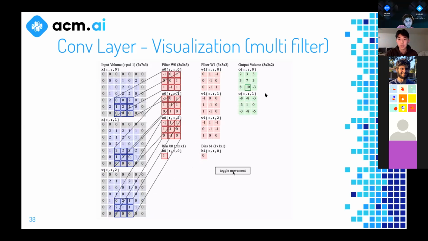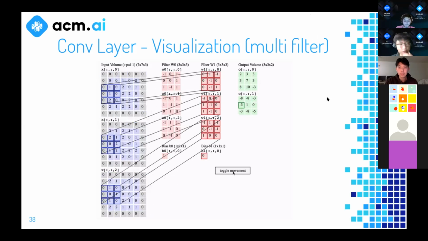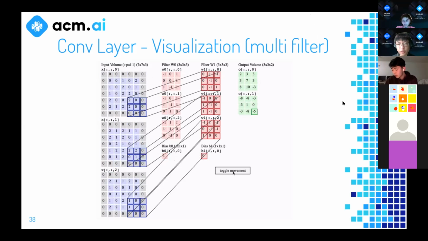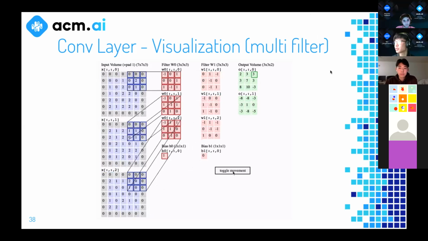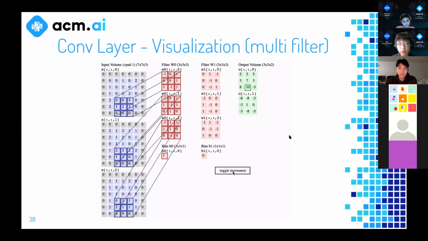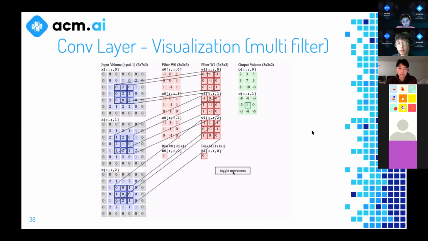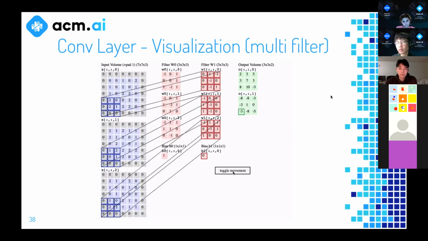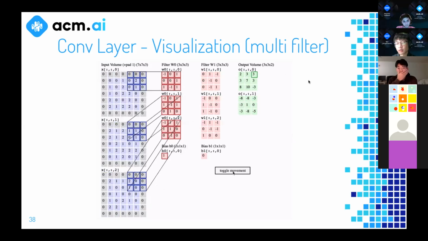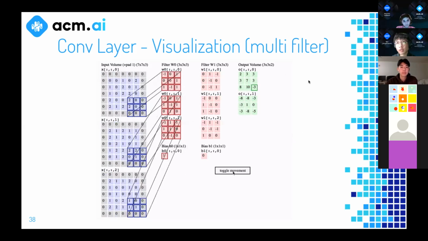I'm going to quickly check chat. There was actually a question that I think this visualization really helps answer. Victor asked: is there one filter per color, or can you have more? This also shows how we get that output volume. Right now it's going through filter W0, but filter W0 has weights for not only one layer. In the previous slides we showed the filters being 2D, but the filter weights are actually three-dimensional as well. We have a set of weights for each of the input volume layers.